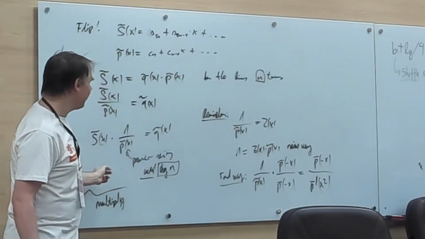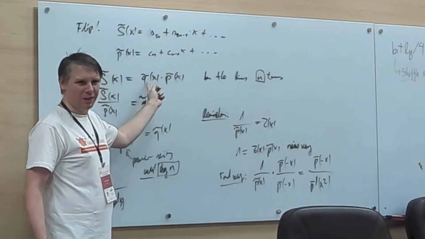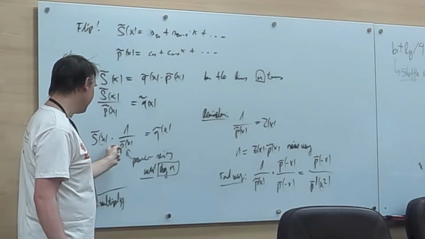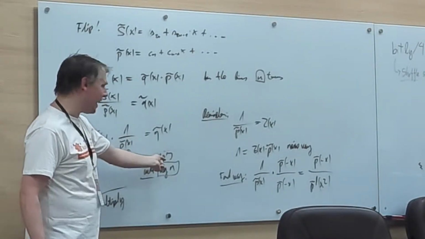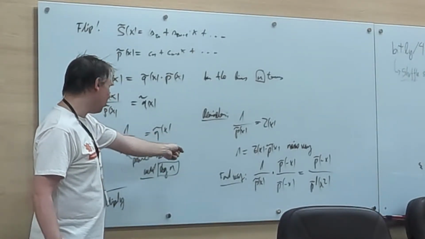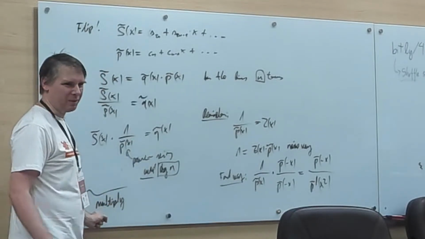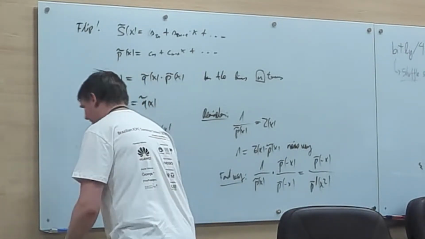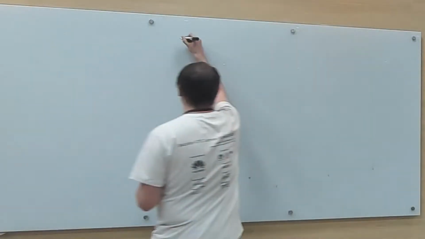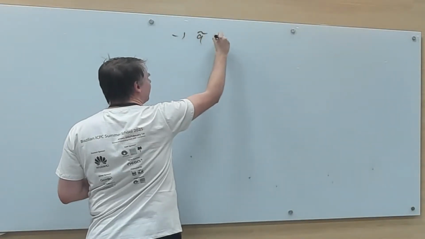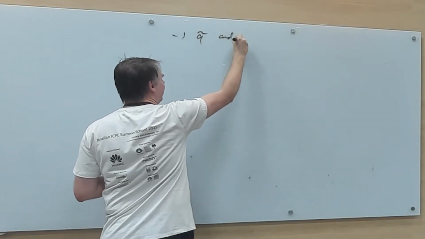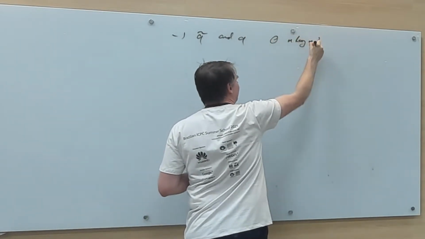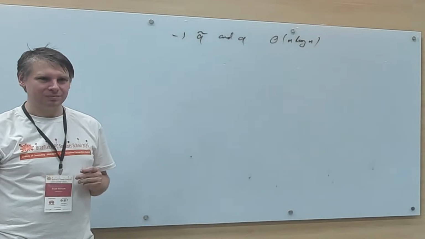So at this point, we can get Q. That's pretty good. Now we have Q. We calculate this inverse in O(n log n), and then we do the polynomial multiplication in O(n log n). So we finally got Q in O(n log n).